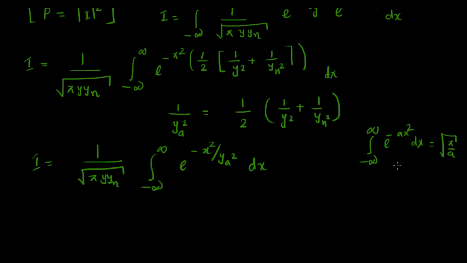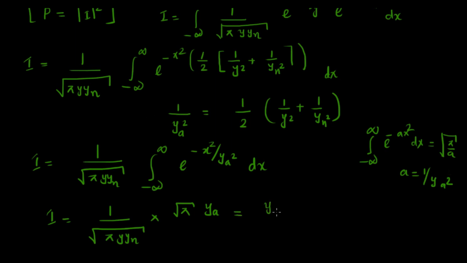So if you compare, you have a as 1 over ya squared, so this integral will reduce to 1 over square root of pi y yn times root pi times ya. So the overlap integral we have calculated in terms of ya, y and yn is ya divided by the square root of y yn.